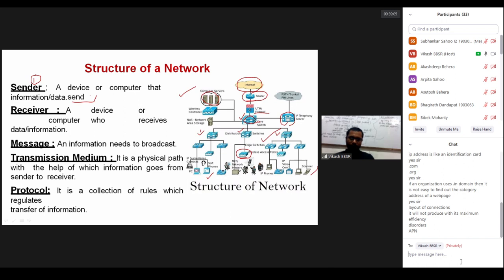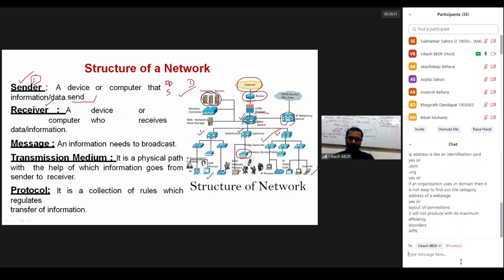And if someone sends the data, another device should be there to receive it. Over the network, there are IP addresses: the sender IP address and the receiver IP address, which you can call the source IP address and the destination IP address. So they are called the sender and the receiver.